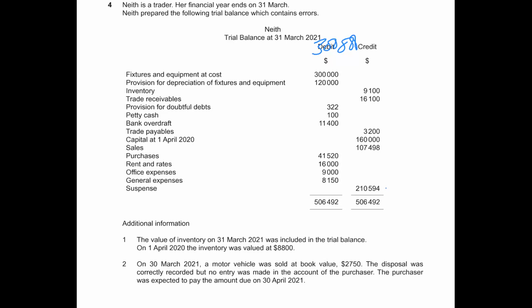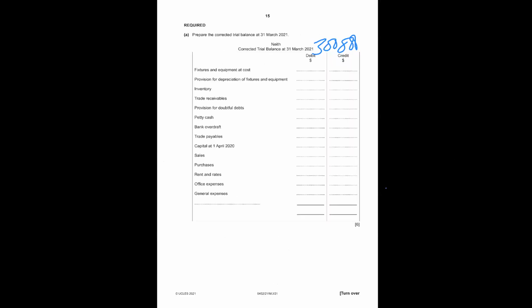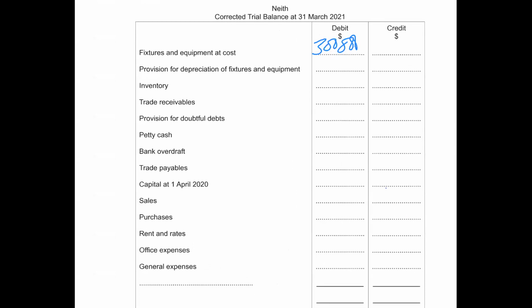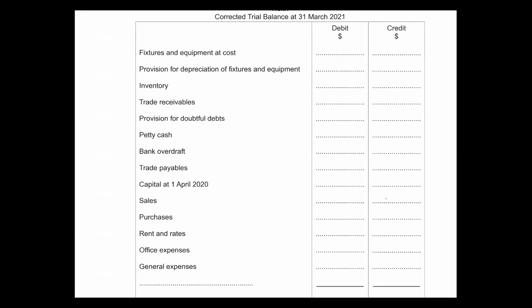That is the correct entry, and it was being awarded 1 mark. So you'd write 300,000 here, and 120,000 here. I'm hoping that you are able to see what I'm writing using my marker.